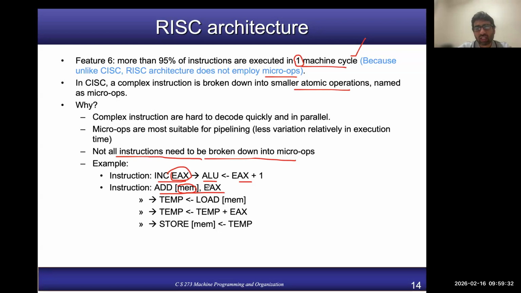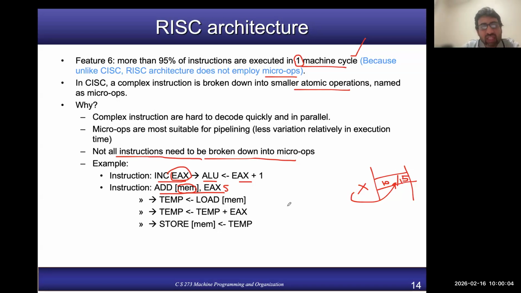So let's say the address is X. In this single instruction, go to the address X, read the value, let's say it is 10, add it to the content of EAX, let's say it is 5. So 10 plus 5 is 15. And then after execution of the same instruction, the result should be placed back at address X. So it should become 15, right?